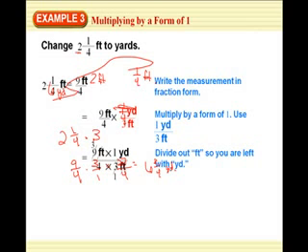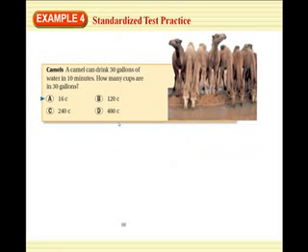Oh, we had to multiply by a third. Why multiply by a form of 1, use 1 yard equals 3 feet. Oh, I need the feet to cancel out right here. That's why I put 1 over 3, not 3 over 1. Okay, let's see if I can do better in the guided practice.